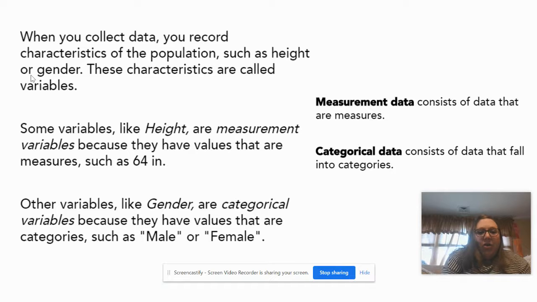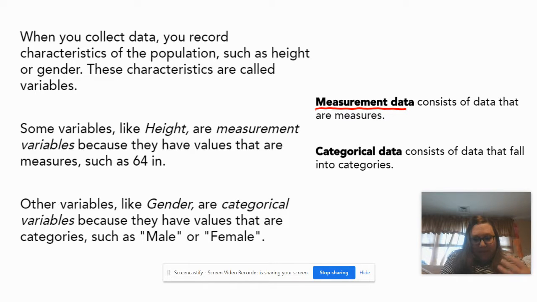Okay, so as we know, when you collect data, you are getting information about a certain population, whether it be the people in your town, the people in your grade, people of a certain age, or boys or girls. You're collecting information about something. And that information can fall in between two categories. One, as you can see, is called measurement data, and that consists of measures like height and weight or distances, speeds, things like that.